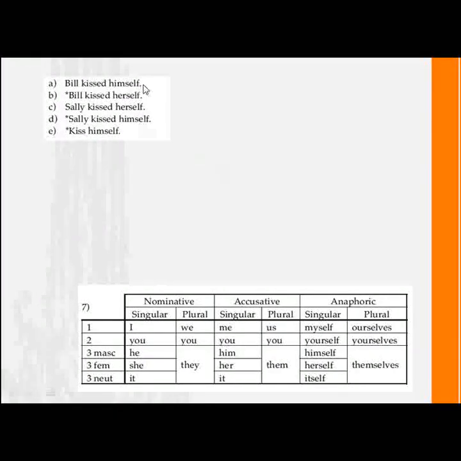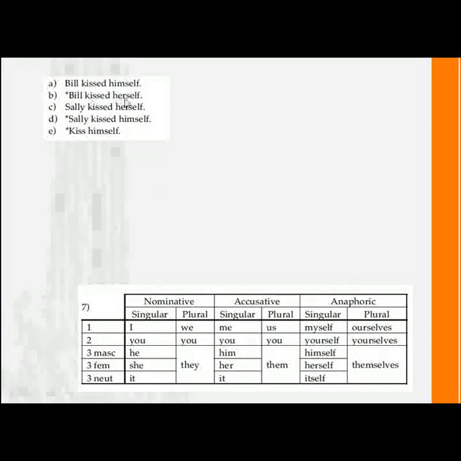Bill kissed himself is okay, but if Bill kissed herself, it's not, because Bill and herself disagree in gender. Sally kissed herself is okay, but Sally kissed himself, no, because him and her disagree. Him is masculine, Sally is feminine. So that's why it's not correct.